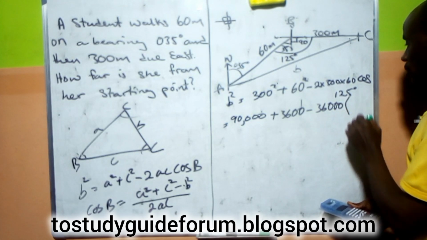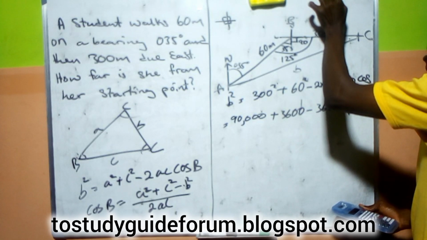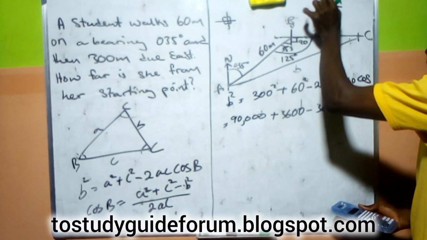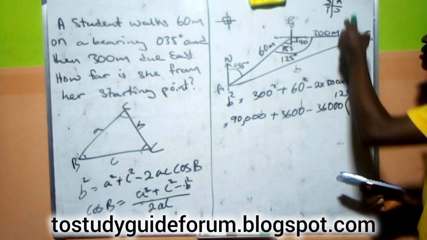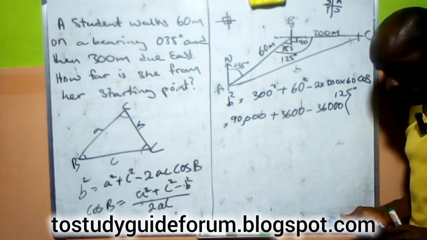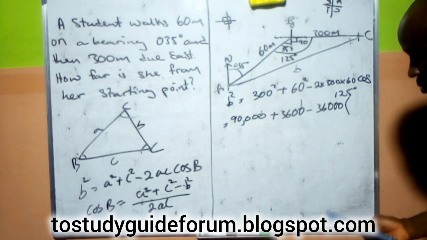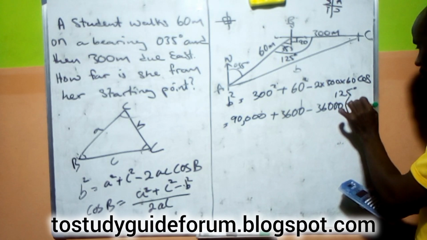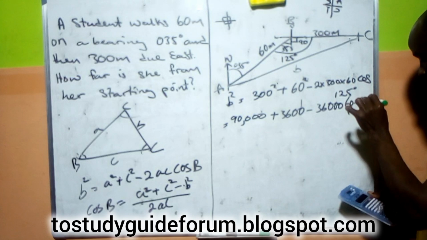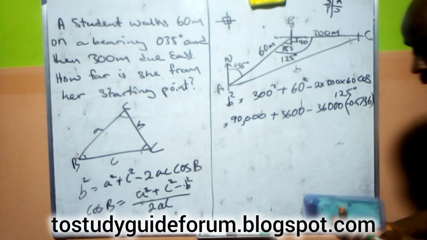Then we come to the cosine. In the second quadrant, cos is negative, so 125 degrees will give us a negative number. Let's use a calculator to get it faster. What we have here will be minus 0.5736.